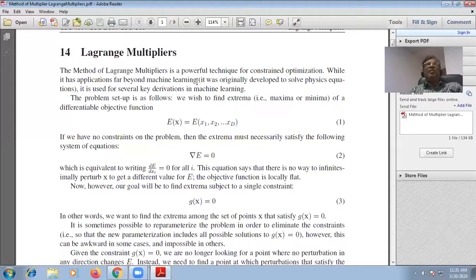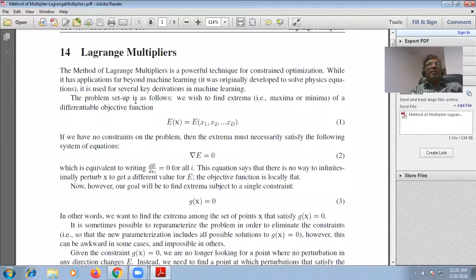It has application far beyond machine learning. As it was originally developed to solve physics equations, it is used for several key derivations in machine learning. I have already discussed this fact.